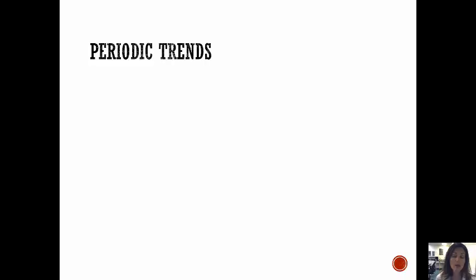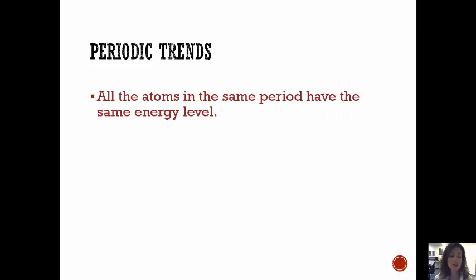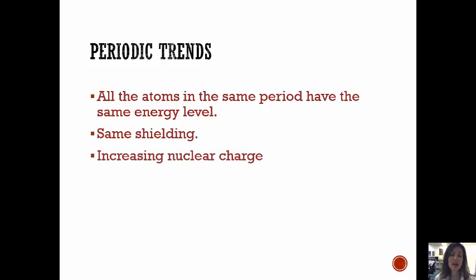As you go across a period, all the atoms in the same period are in the same energy level, so they have the same amount of shielding. But something to keep in mind is, as you go across, even though there's the same amount of shielding, the atomic number increases, which means the number of protons increases, which means the nucleus becomes stronger.